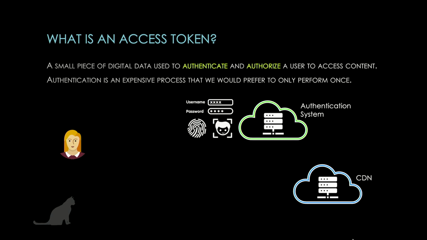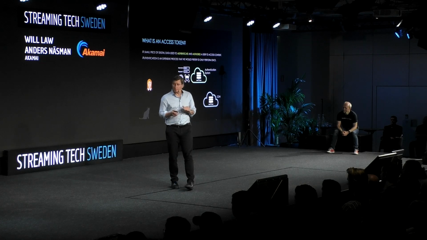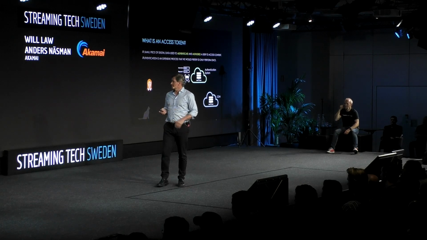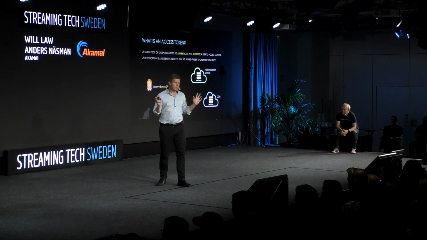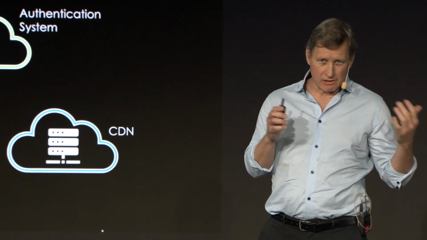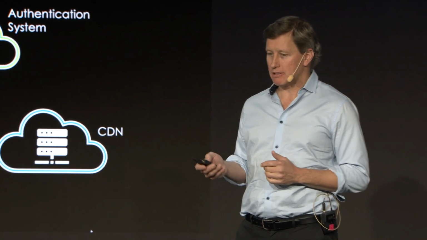So instead, at the beginning, the user will share username, password, fingerprint. They will authenticate to their device. That will go to a back-end system, the authentication system here, and it will decide that they're a valid user and give them a token. And a token is a binary blob. It's encrypted information that's going to hold claims or knowledge about that user.